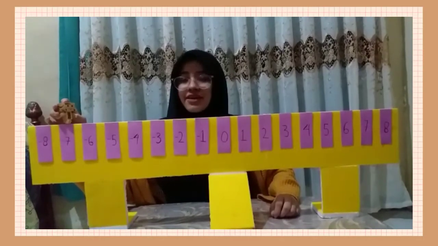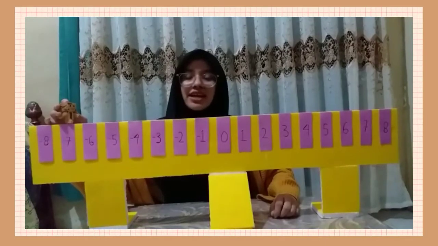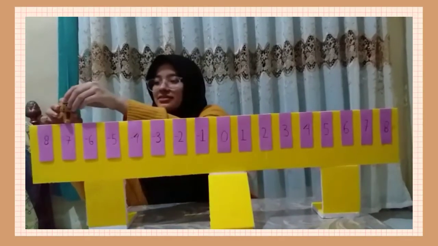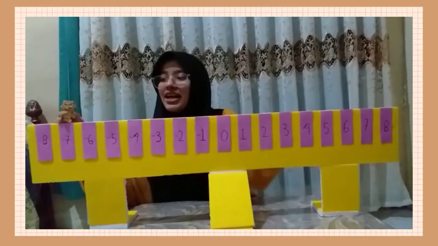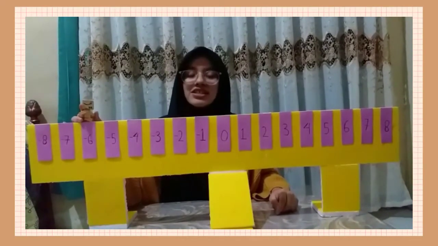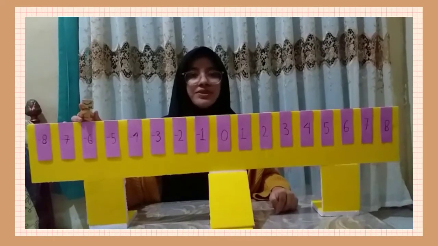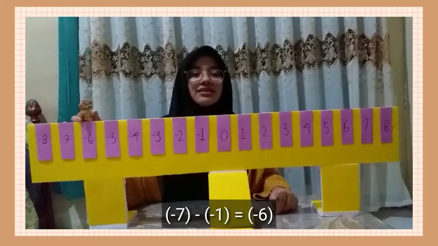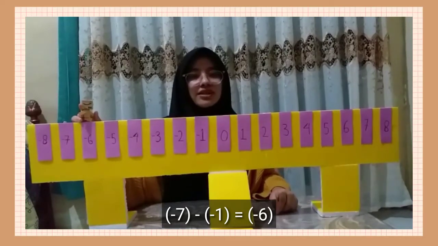Because negative 7 will be subtracted by negative 1, the object will reverse direction and reverse by 1 step. 1. So the last position of the object is at negative 6. So the result of negative 7 minus negative 1 is equal to negative 6.